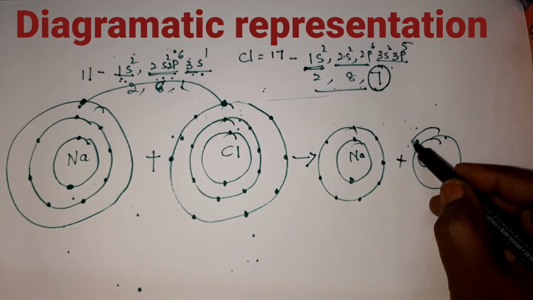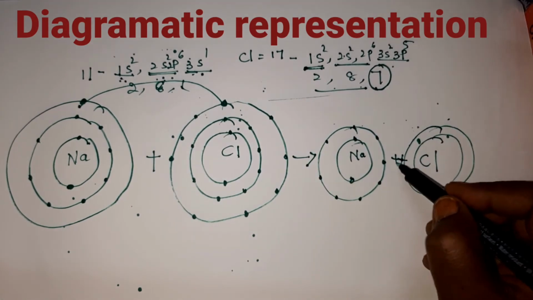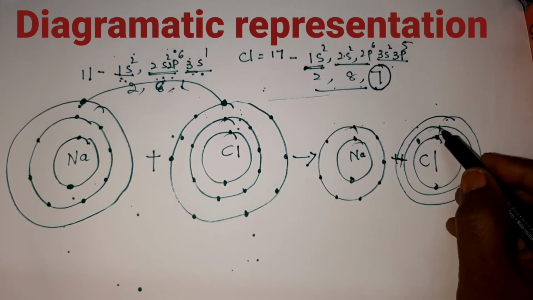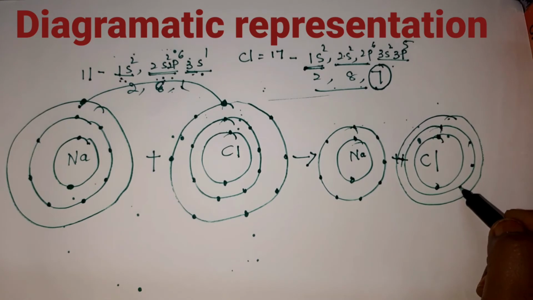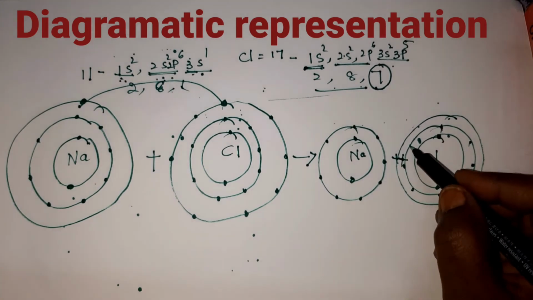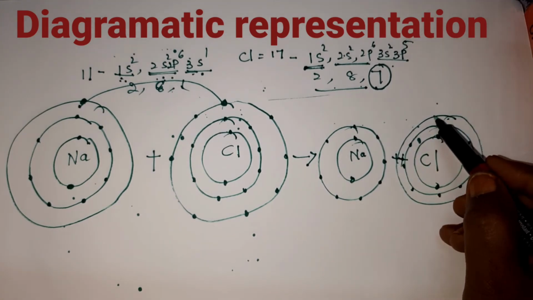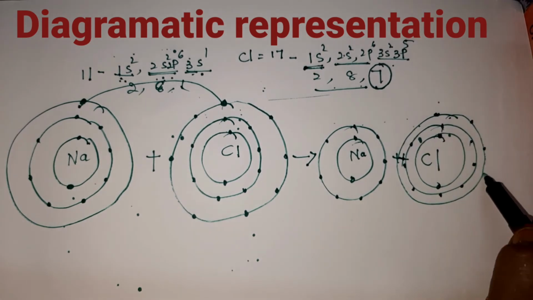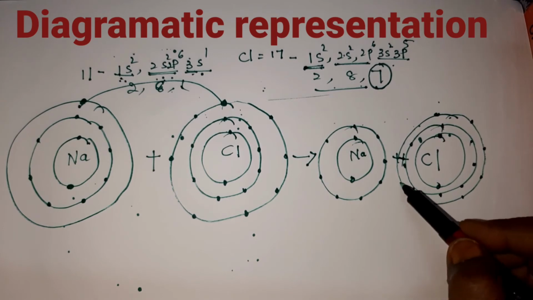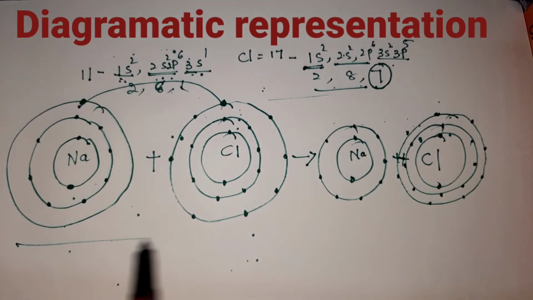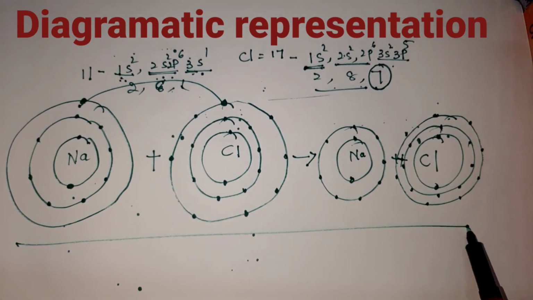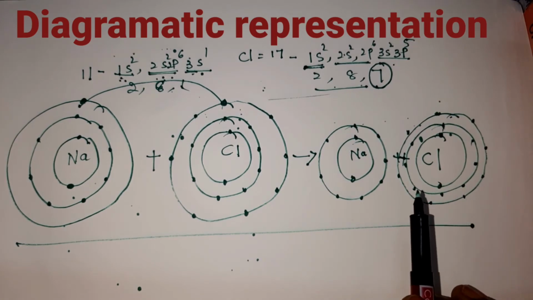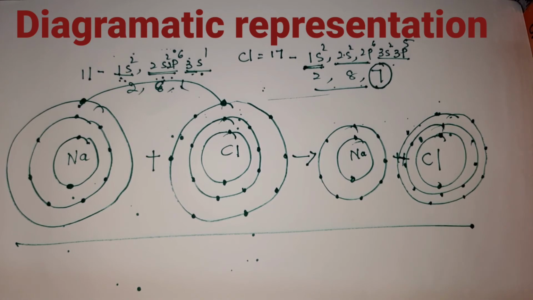First shell, second shell and third shell. First shell 2 electrons, second shell 8 electrons, and even the third shell has 8 electrons after receiving 1 electron. So this is how you can explain ionic bond for the formation of sodium chloride with a diagrammatic representation.